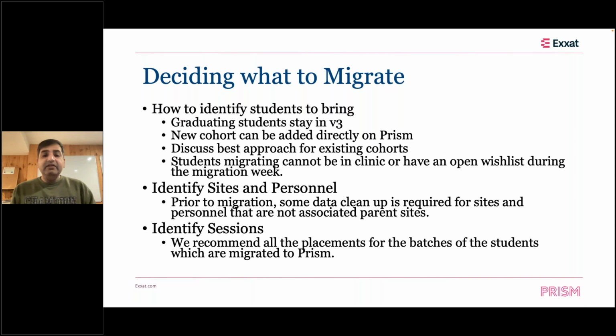If they do not, those particular personnel will not move, because there is no association with any of the sites. To help you identify this, in version 3 we have created a few reports, and those reports will help you identify data where you need corrections.